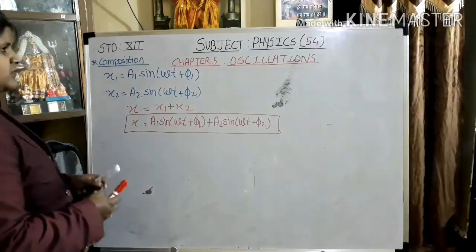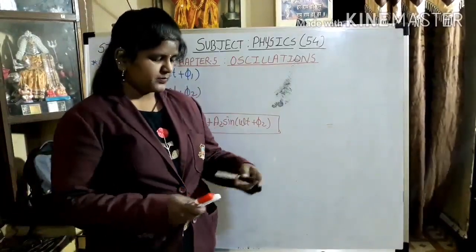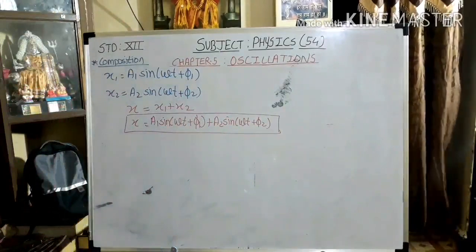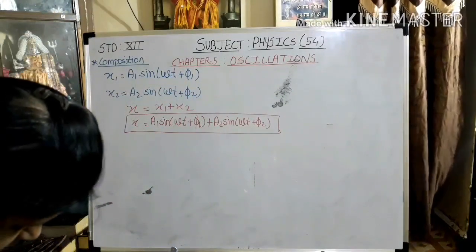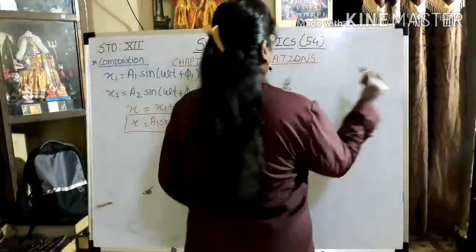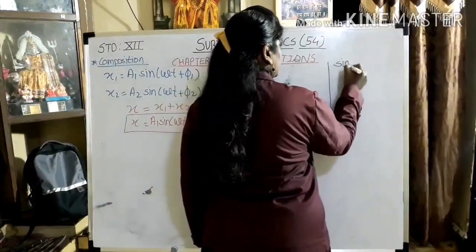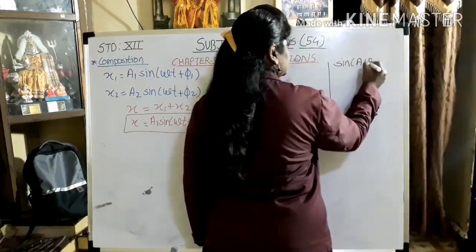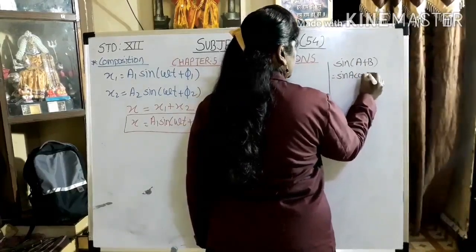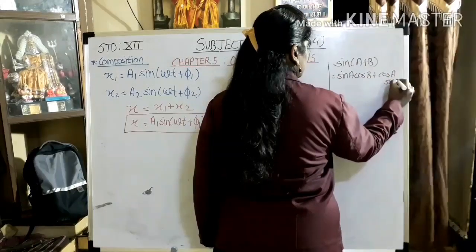Okay, so as you all know, what is sine of a plus b? I will write the formula over here. Sine of a plus b is nothing but sine a cos b plus cos a sin b.